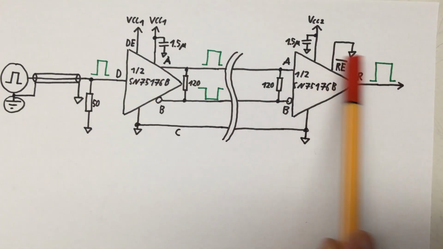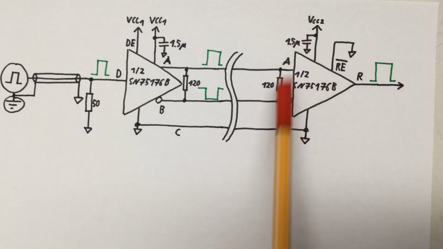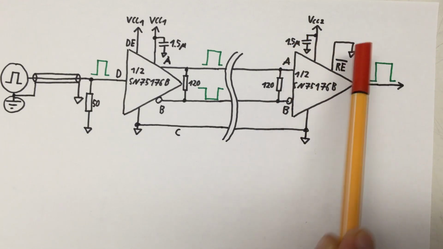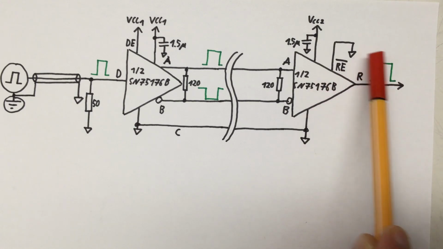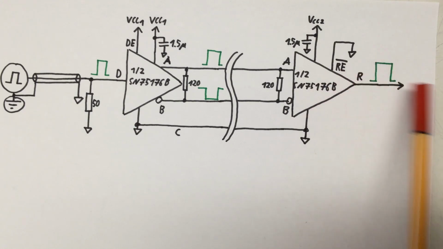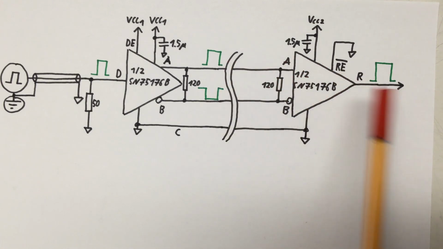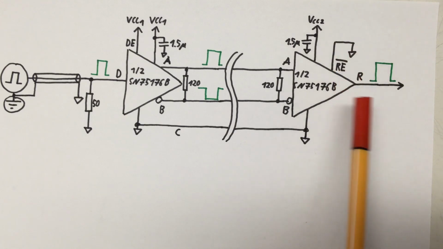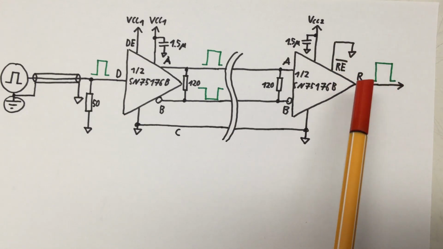Second, we have the not receive enable pin here on the receiver. If you pull that low to ground, then the output R is active and churns out the single-ended version of whatever differential signal we're receiving here. But if you connect that to VCC, pull it high, then the R pin also goes to high impedance.